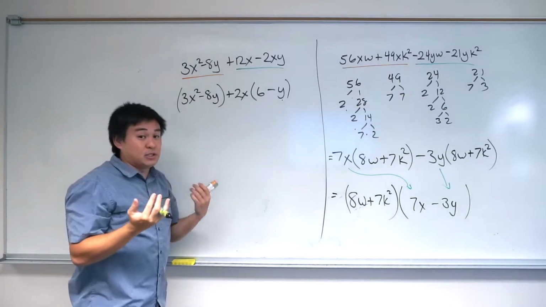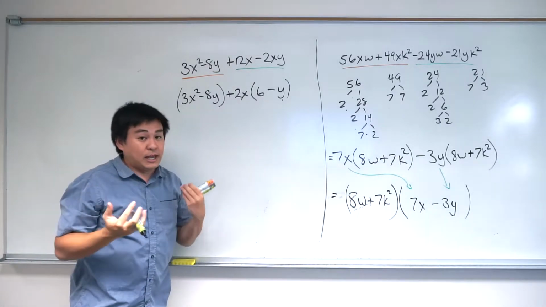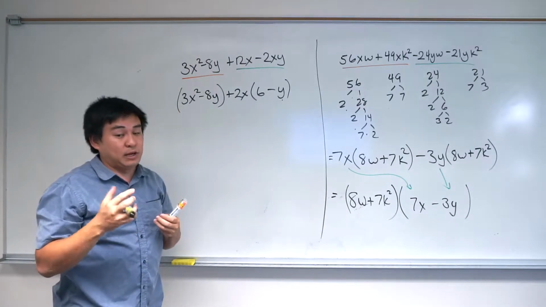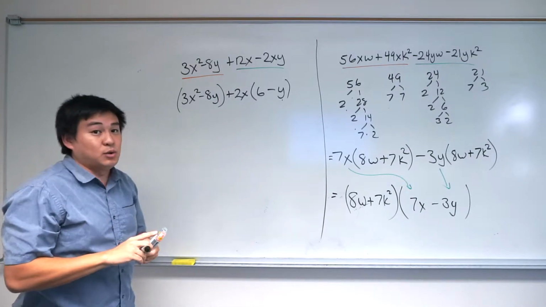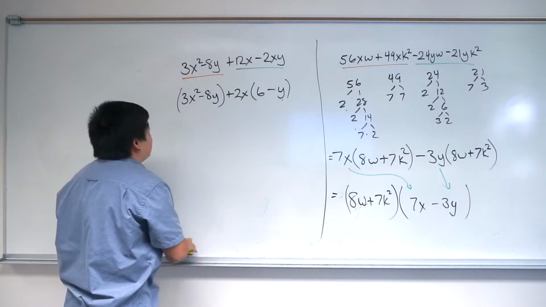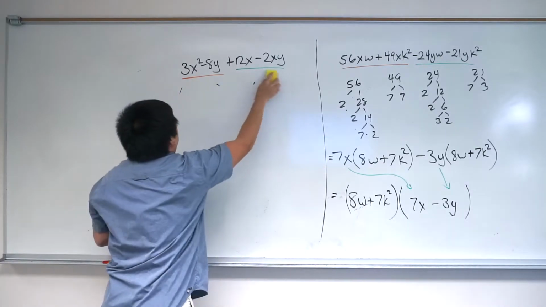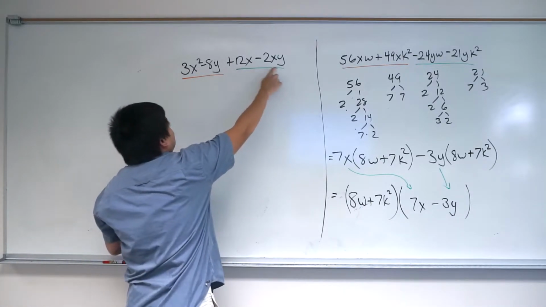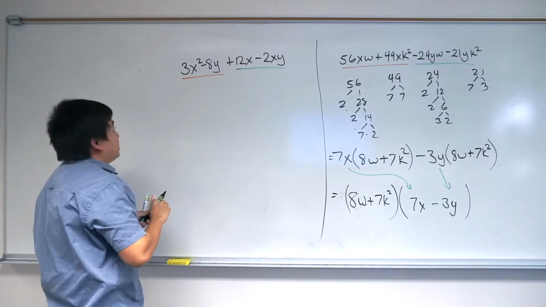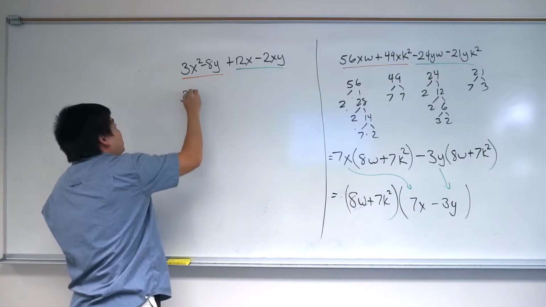So our grouping fails. That doesn't mean that you can't factor it by grouping, you just might have to rearrange the terms. I'm going to group the parts with the y's together and the parts with just x's together. So let's rearrange this.